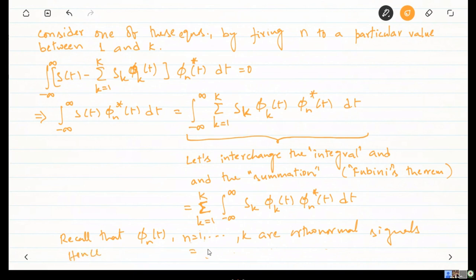Hence, this becomes 1 when n equal to k, and 0 when n is not equal to k. Or it can be the other way, when k equal to n, right? So that means the integral from minus infinity to plus infinity of s of t phi n star of t is equal to Sn.